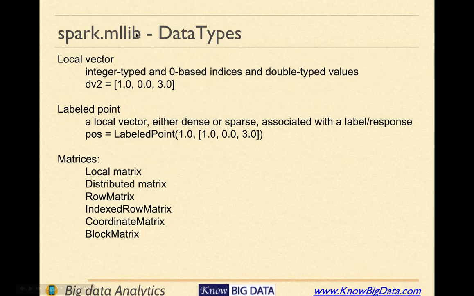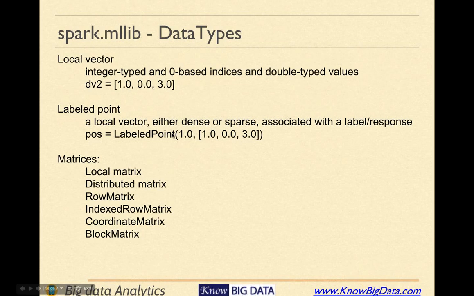But since most of the data types in Spark are actually RDDs under the hood, the matrix will have to be converted into an RDD. Those are the various ways of representing a matrix in RDD.